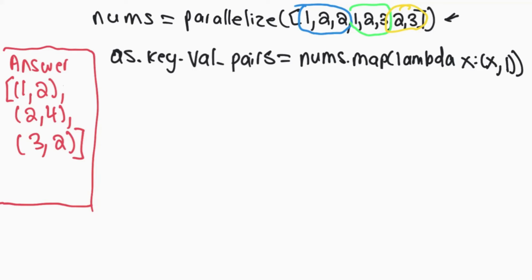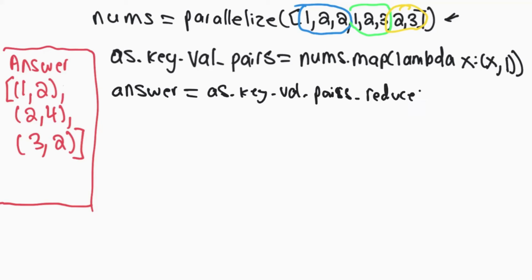But instead of a GroupByKey, we're going to do what's called a ReduceByKey. So this will straight up be the answer. The answer is equal to the as_key_val_pairs.reduceByKey.